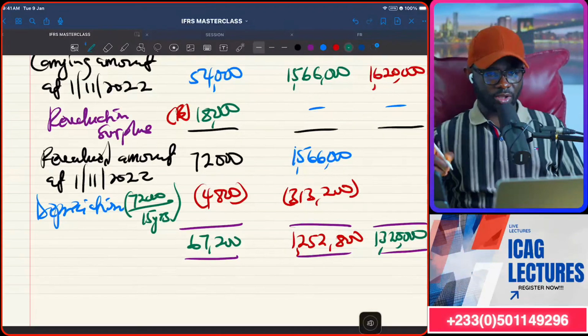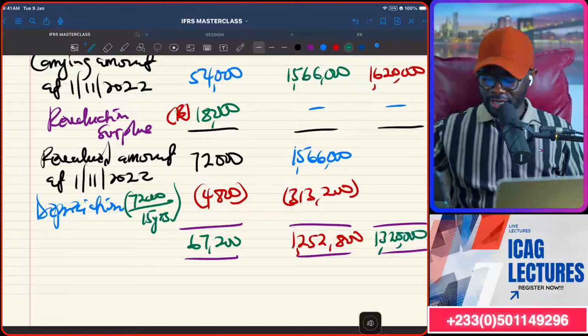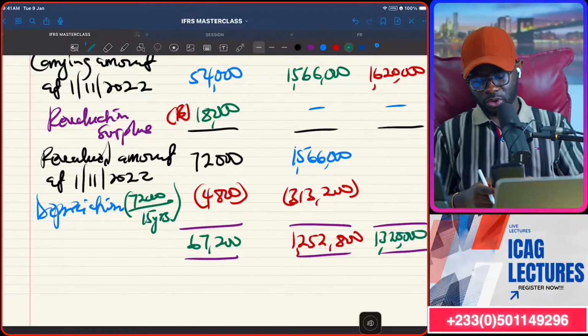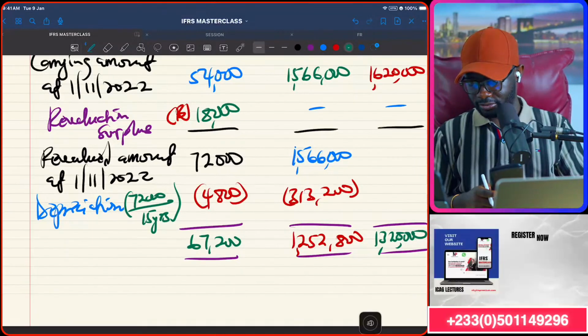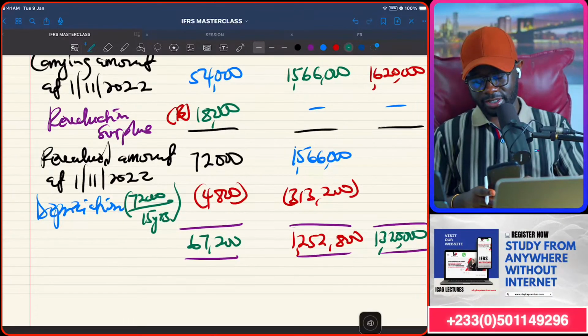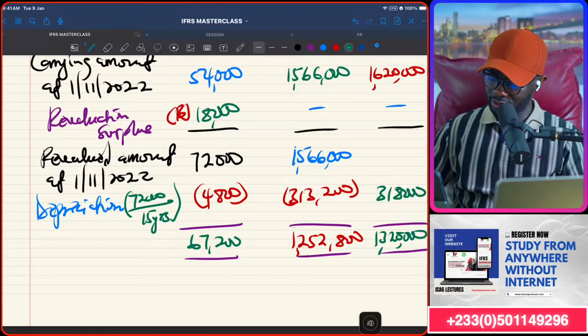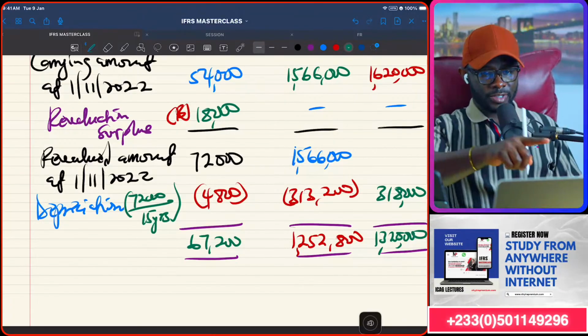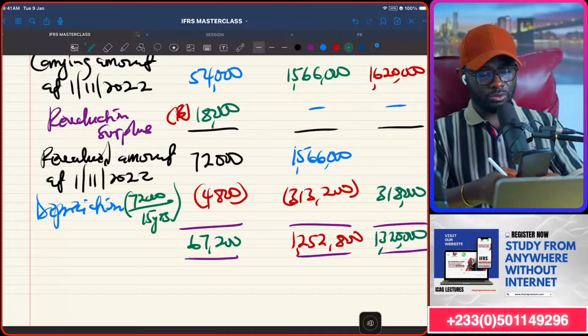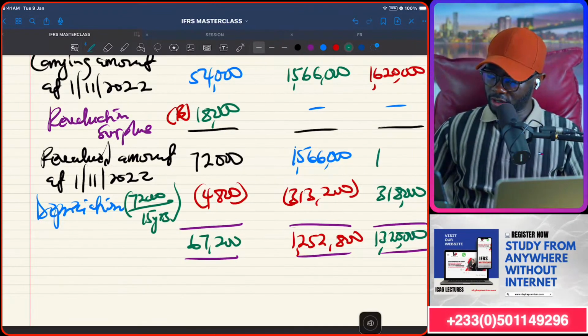All right, that is going to go there in the statement of financial position. The total depreciation, 4,800 plus 313,200. And that's 318,000 for us. Then the total there, 72,000 plus 1,566,000. That's 1,638,000.